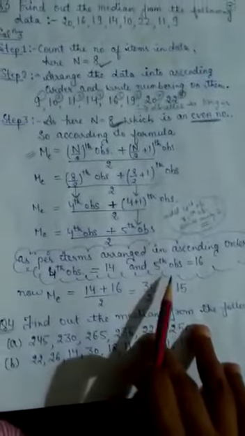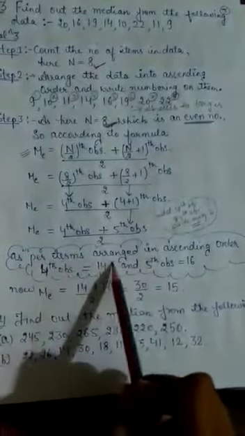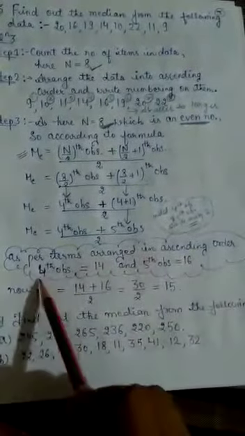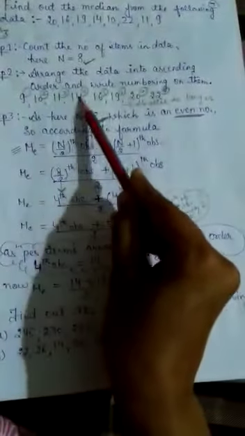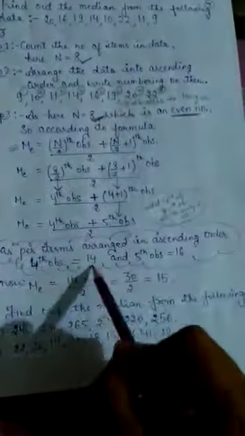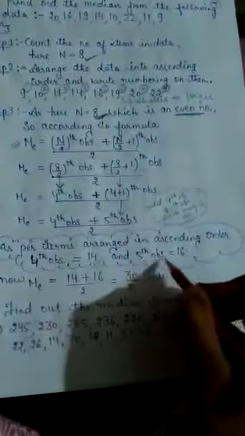Now I have made it more simplified for you people. As per terms arranged in the ascending order, fourth observation is 14. Let's have a look: 1, 2, 3, 4th, fourth is 14, I have written here 14. 1, 2, 3, 4, 5, fifth is 16, so I have written here 16.